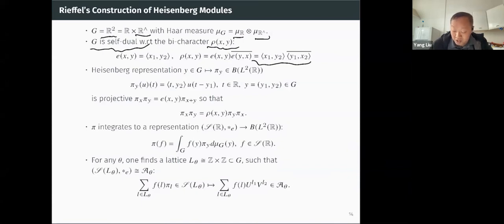Here the brackets just mean the natural evaluation between R and its dual. Here the cocycle E is defined in this way.